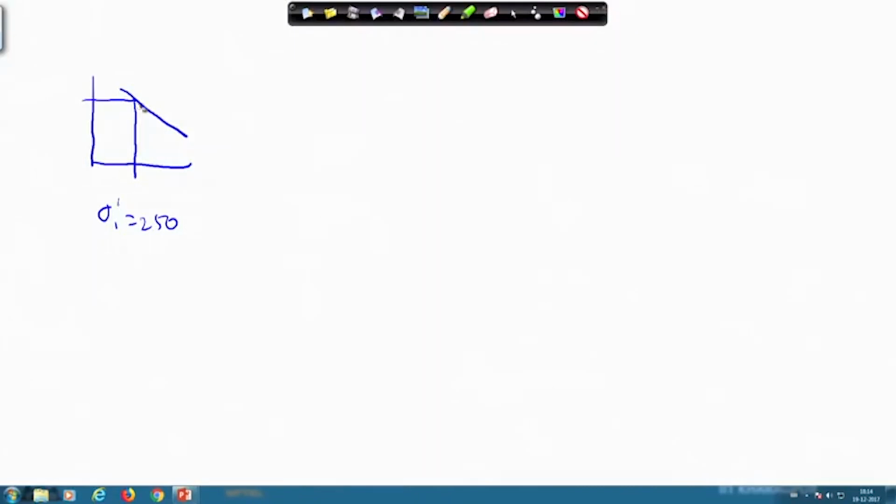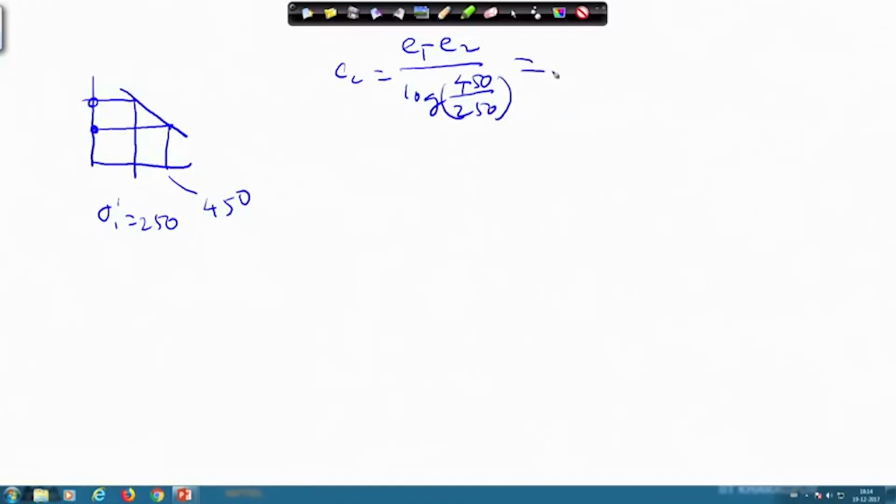Another point is here, this is 450, and the corresponding E value is given. So, these 2 are given. So, your Cc will be equal to E 1 minus E 2 divided by log 450 by 250. Okay. So, from here we will get Cc equal to 0.166.